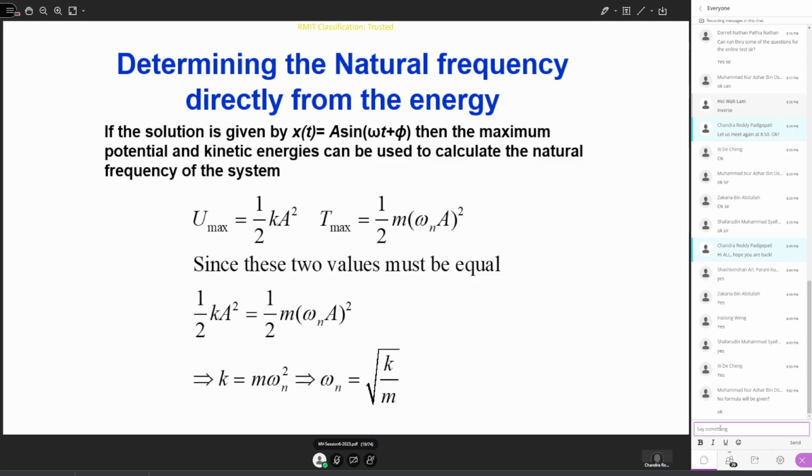So in this case, you know that the maximum potential energy and maximum kinetic energy must be equal. So you can write half k x square will be half m into omega n square x square. So you can easily prove that omega n, the natural frequency of the system, is square root of k by m.